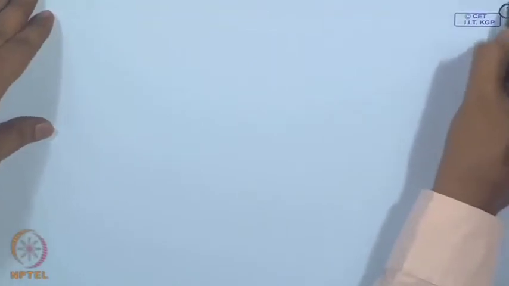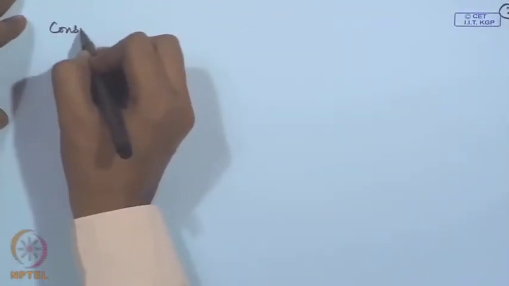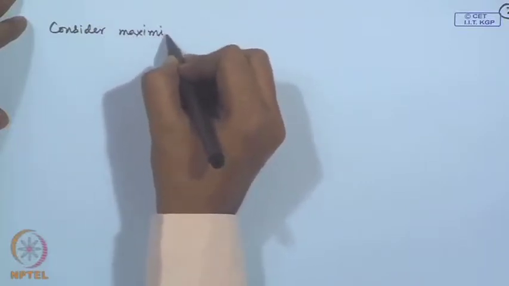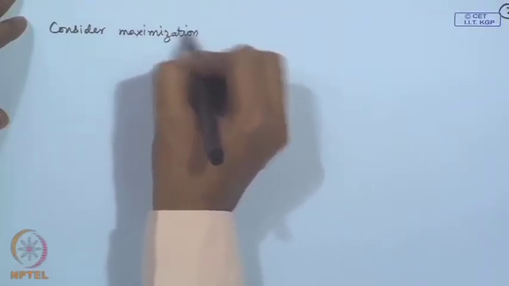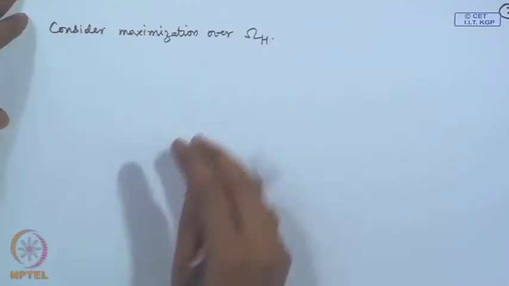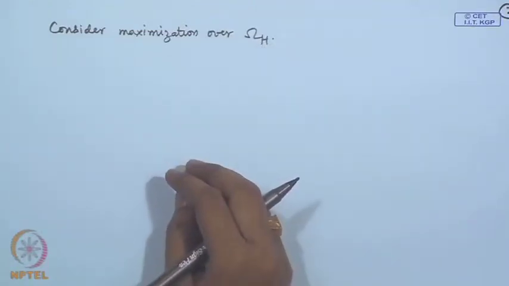Now, consider maximization over omega h. When we consider over omega h, then the likelihood function gets a little bit modified.